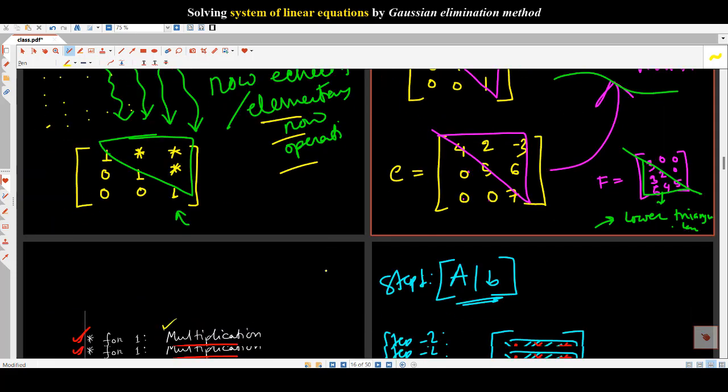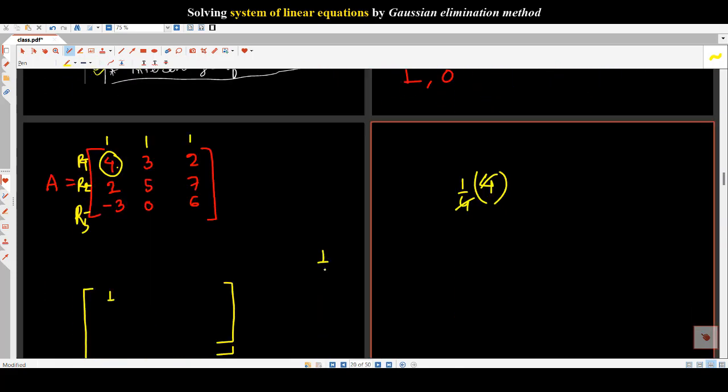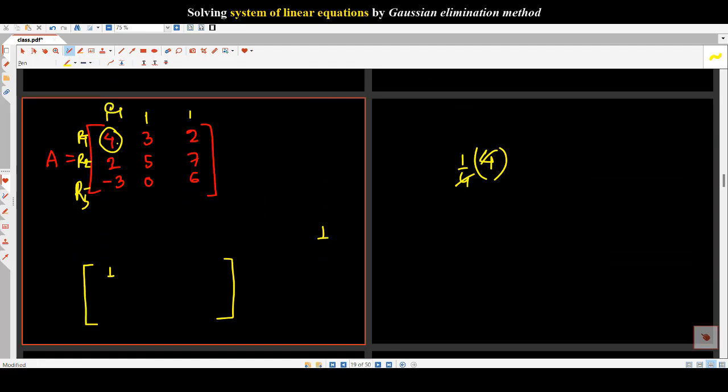So we are actually dealing with row operation, not column operation. Column 1, column 2, column 3, not like that. Okay, so we will deal with row operation. So we are targeting for 1 in this position of row 1.